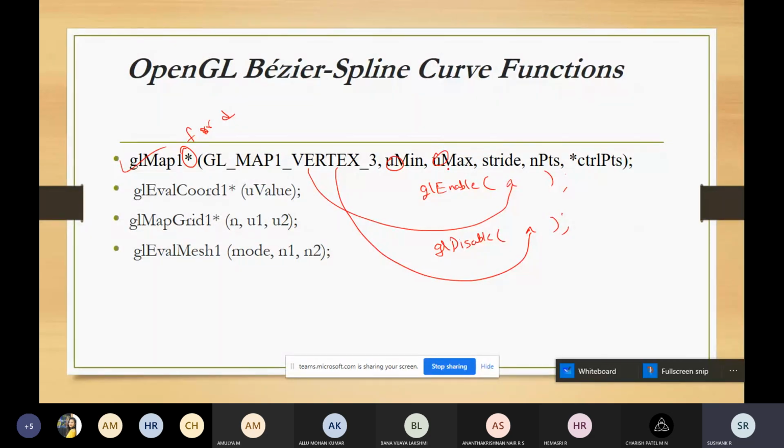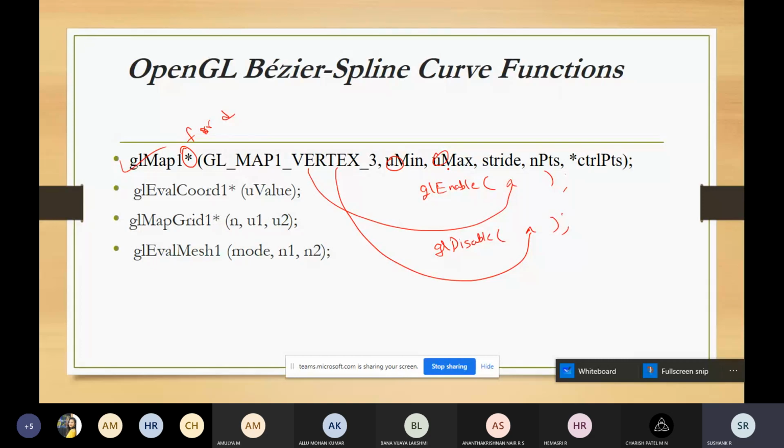And we have the control points, represented in an array, which gives us the number of elements in that array. We also have a stride, which gives us the number of data values between one coordinate position in the control points and the beginning of the next coordinate position.